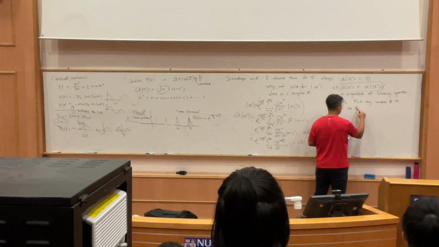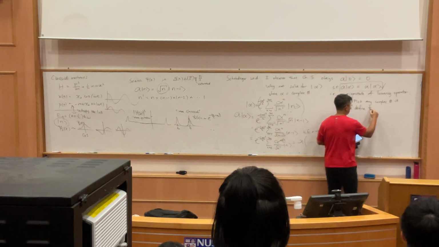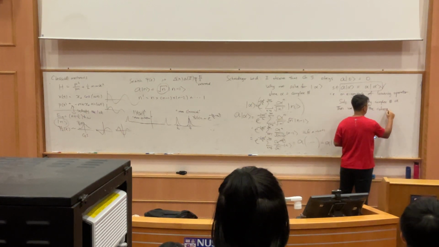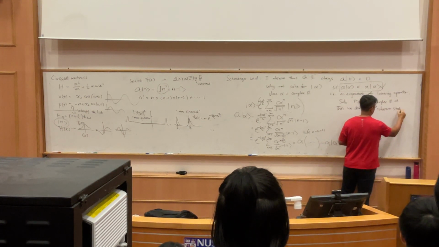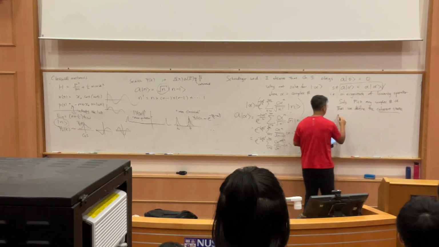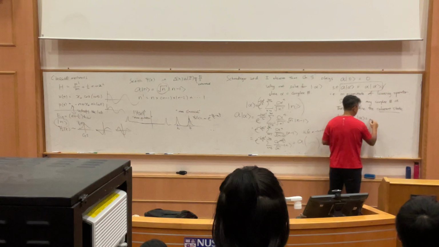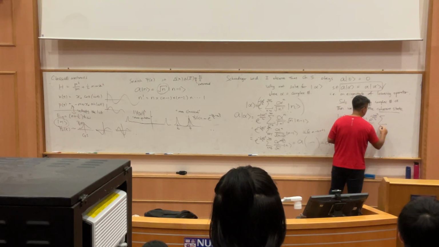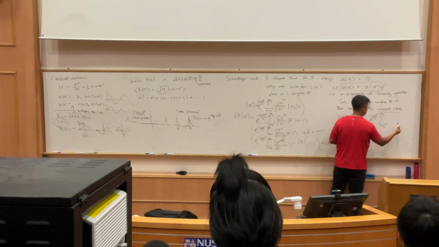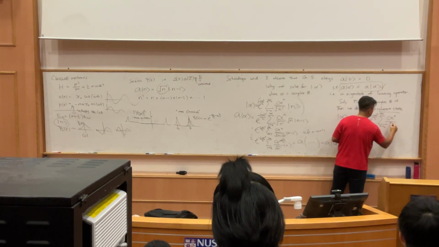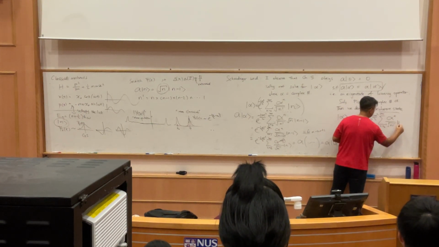We define the coherent state alpha as |alpha> = e^(-|alpha|^2/2) sum from n equals 0 to infinity of alpha^n over square root of n factorial, times |n>.